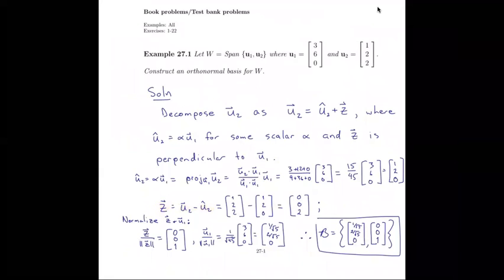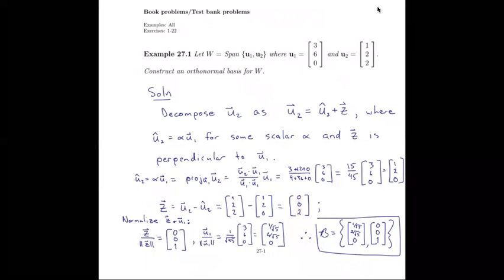We basically subtract the information of U1, our U2 hat vector, from U2 to get this orthogonal component Z of the vector U2. It's orthogonal to U1.